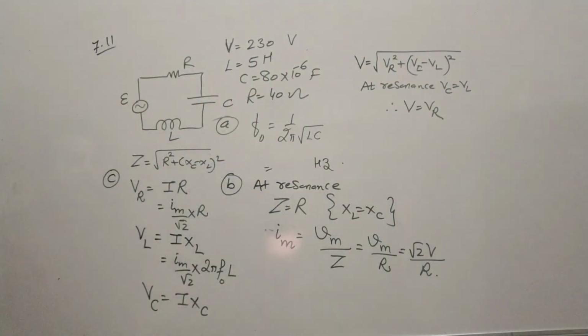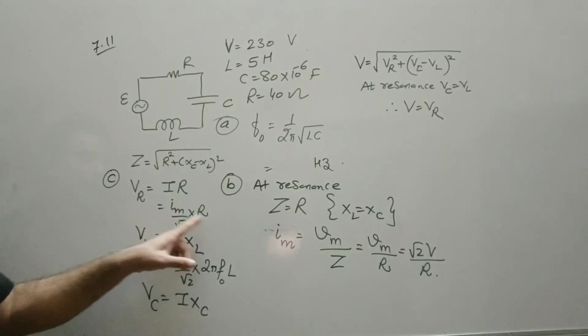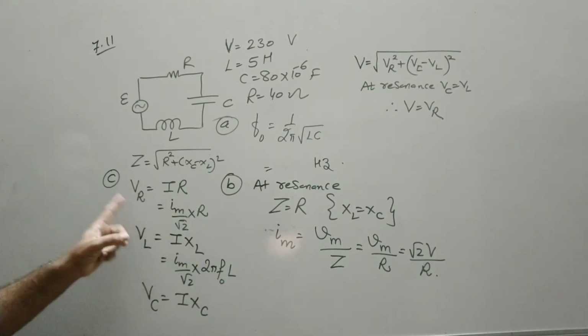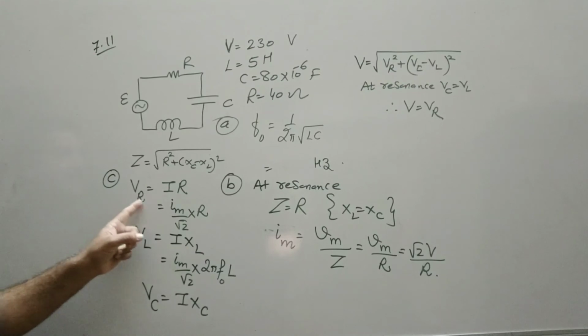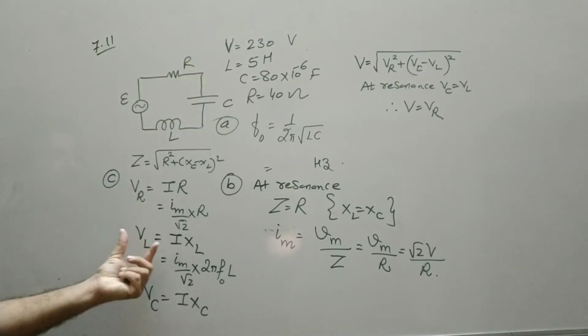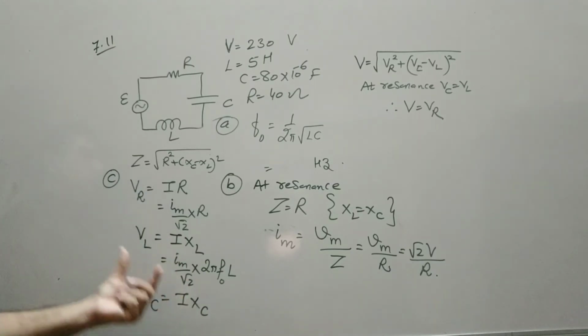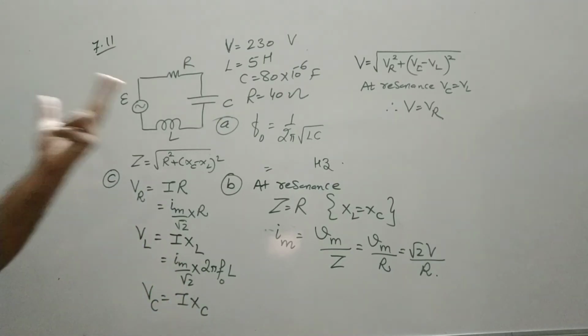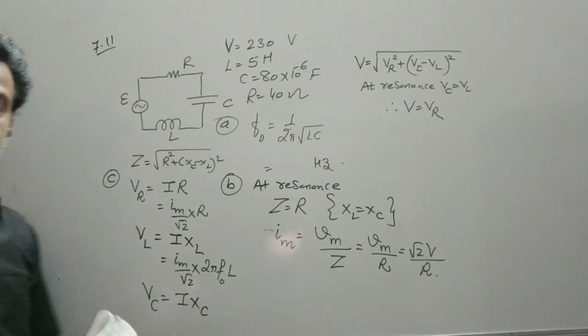So this is a resonance circuit. When you substitute these values, you will find that at resonance VR comes out to be 230, and VL and VC will come out to be equal. So individually you can check these values.